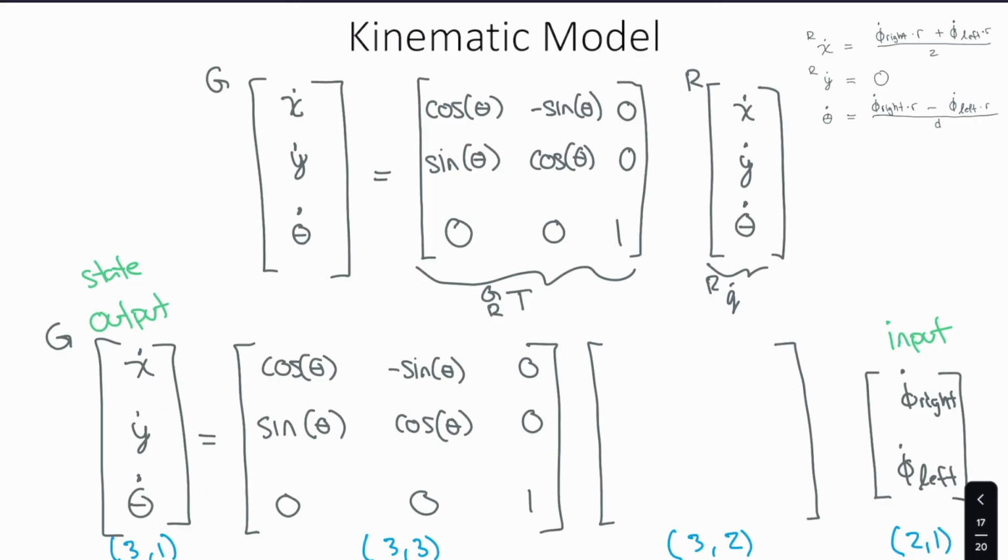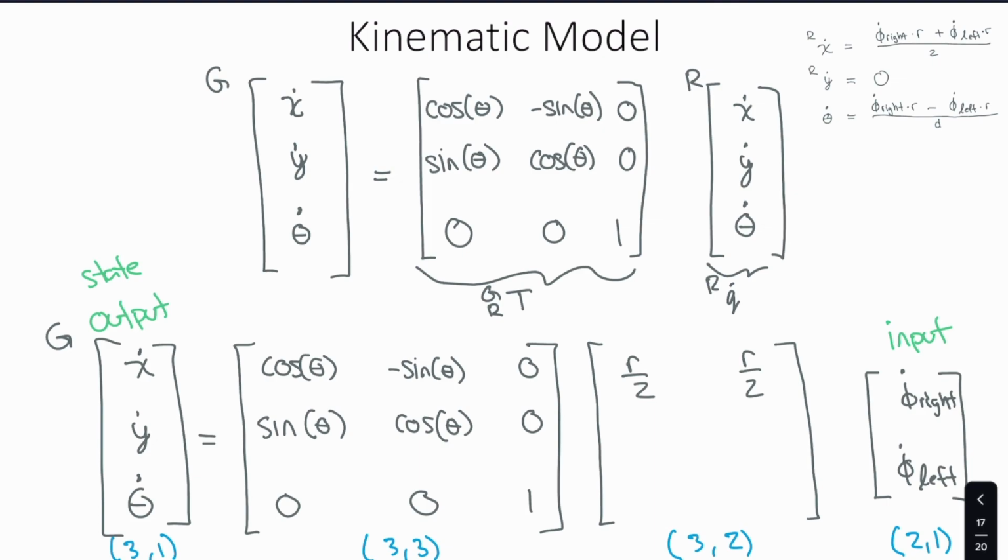Essentially what we're trying to do is make it easier to pull out x dot r from here, which we know means we have to multiply by r over 2 times phi right. So that's an r over 2 here, and an r over 2 for phi left.